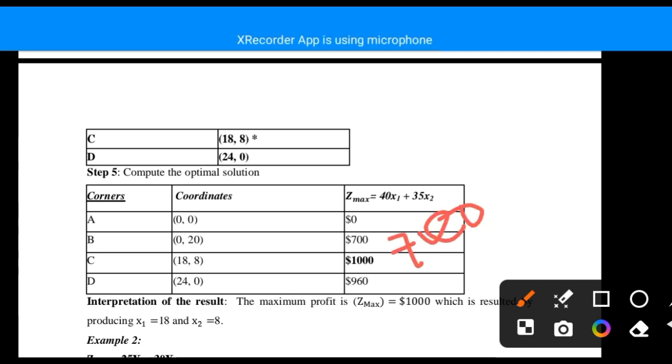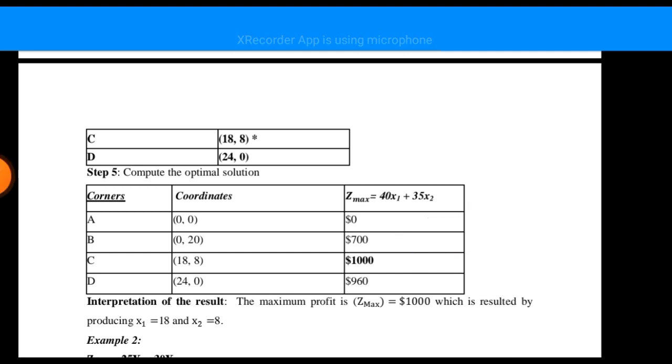And 18 times 40 plus 8 times 35 is 1000. And 40 times 24 plus 0 times 35 is 960. So the highest optimum is what we want.